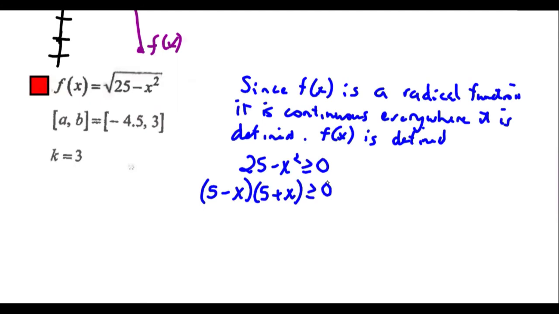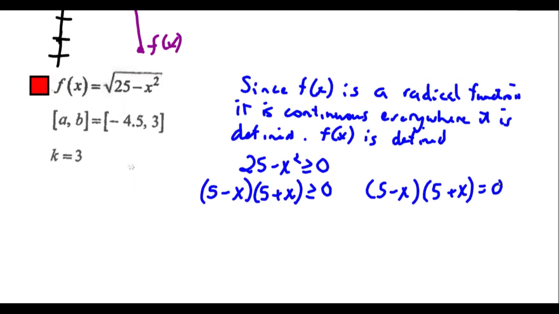Now what do we do? Well, you set it equal to 0. And then we're going to have to look at the number line. So you kind of have to pause on the inequality and then move over to the equal to problem.